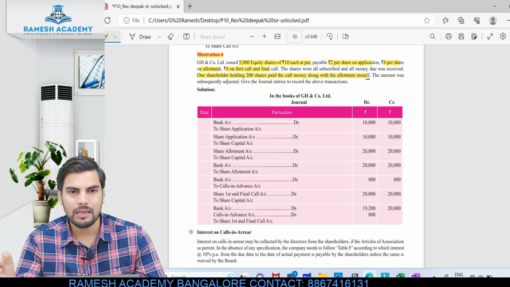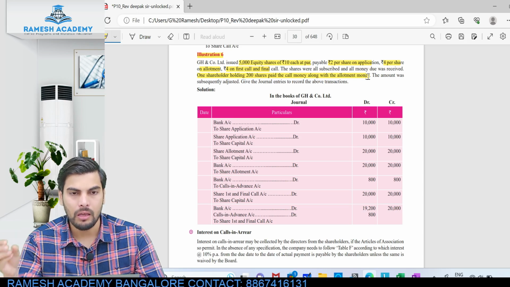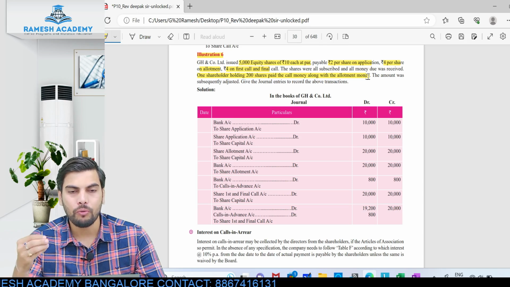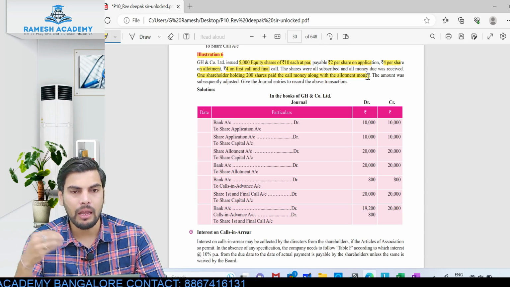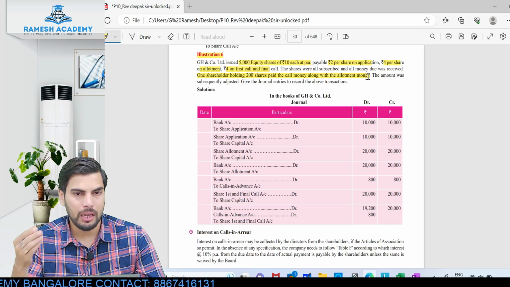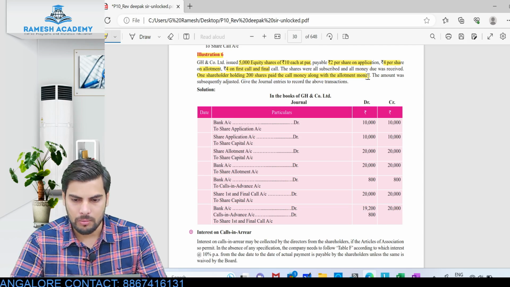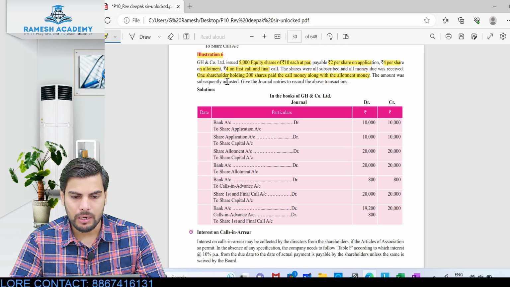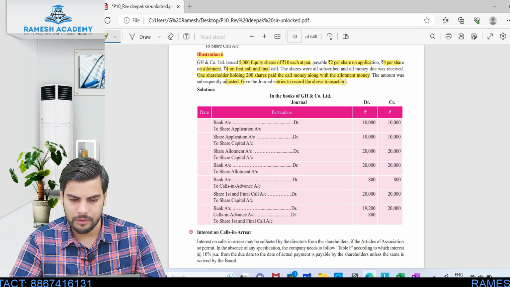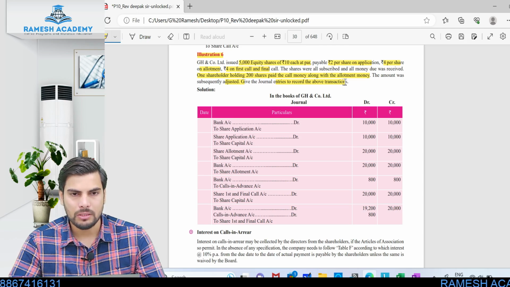This is clearly a sign of calls in advance, so he is paying the money even before the call was actually made. The amount was subsequently adjusted. Give the journal entries to record the above transaction. So they're asking us to pass the journal entries.